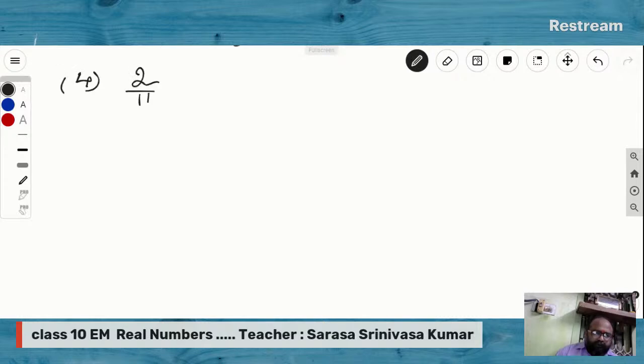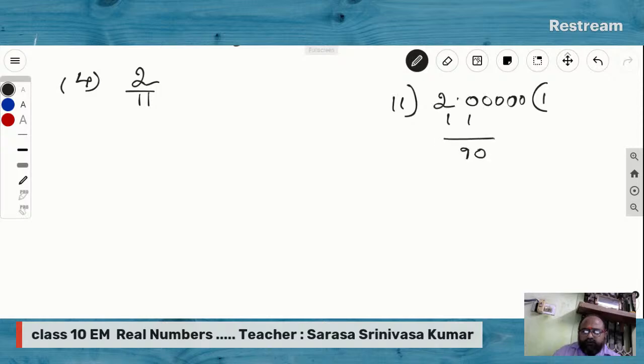Fourth one, 2 by 11. 11 goes into 20 once, remainder 9, 90. 11 eights are 88, remainder 2, 20. Once 11, remainder 9, 90. 8s are 88, 2 and so on.